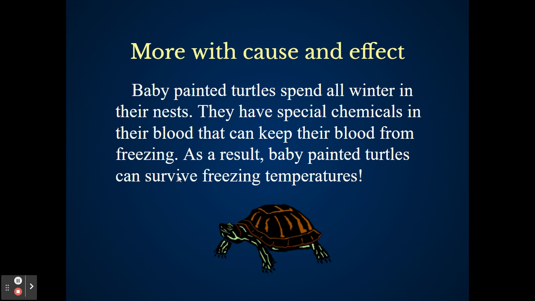Here's another example. Go ahead and pause and read this. Here's the cause. The turtles have a special chemical in their blood that helps keep them from freezing. As a result, here's the effect. So because they have that, they don't freeze.